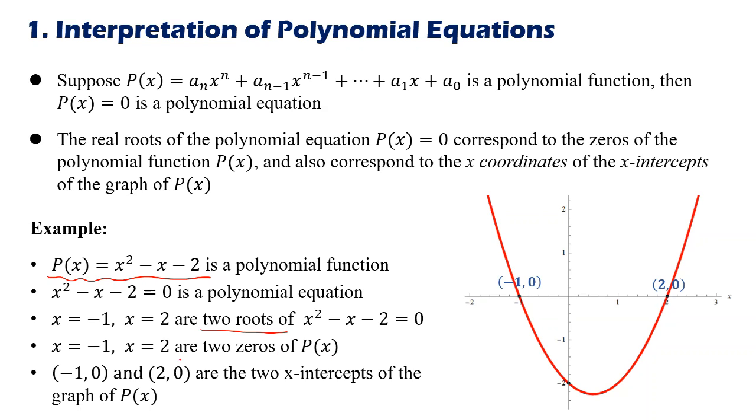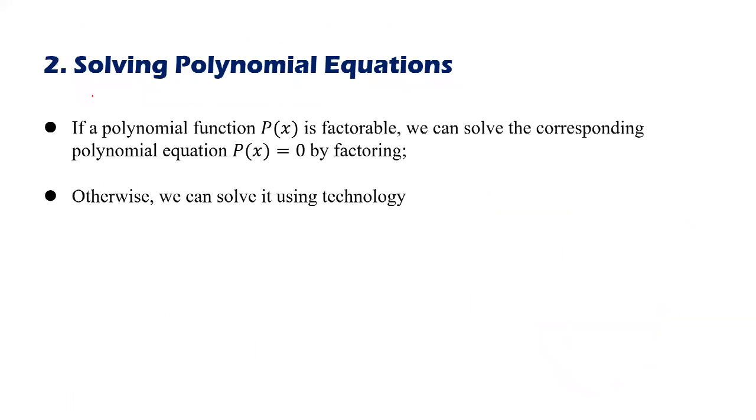So the two roots are actually two zeros of the polynomial function. And (-1, 0) and (2, 0) are the two x-intercepts of the graph of p(x), as you can see from the graph shown on the right. So two roots are actually two zeros, which are actually two x-intercepts. Understand?